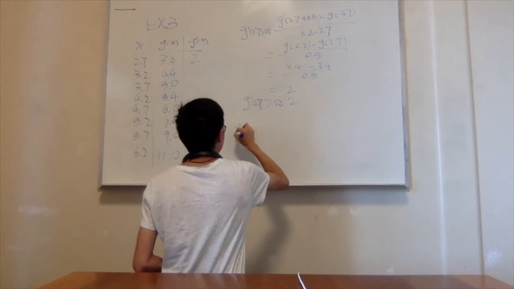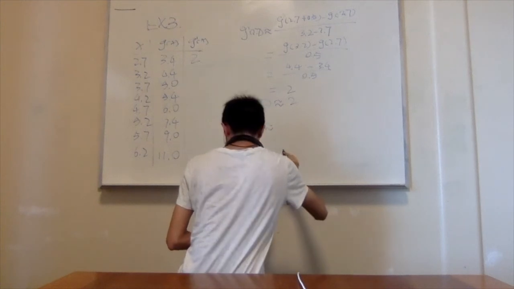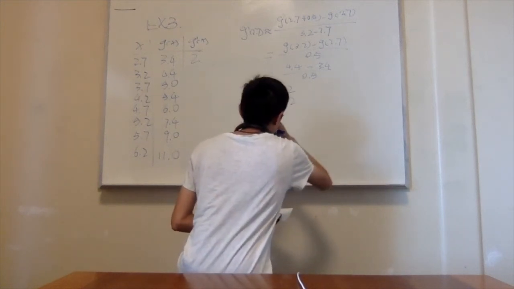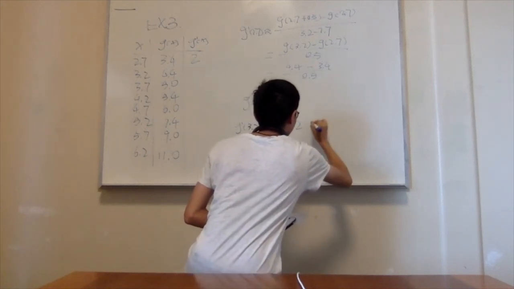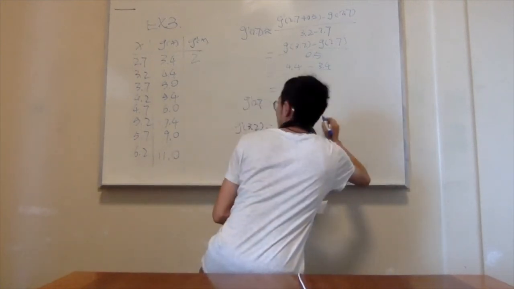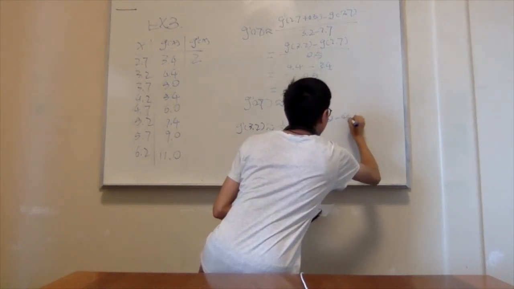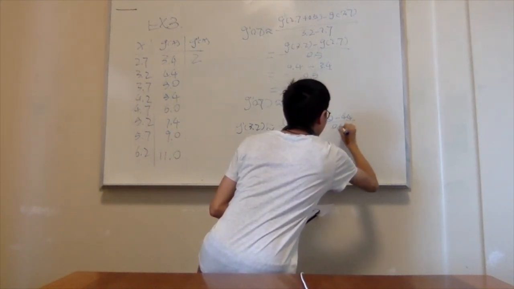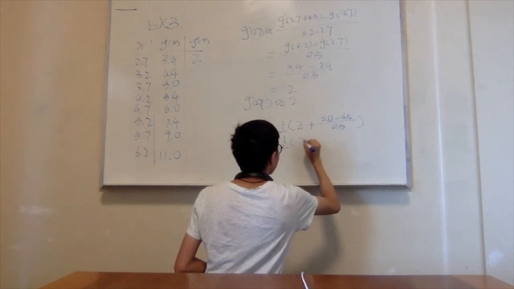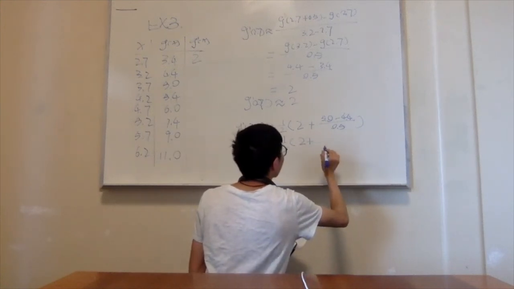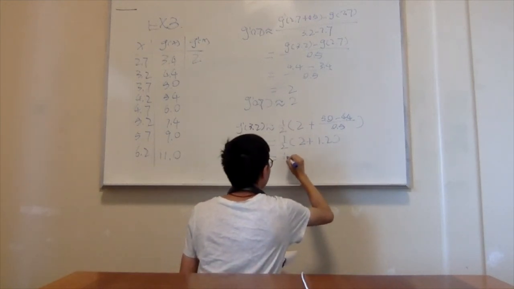So g prime of 3.2 is estimated as the slope to the left plus the slope to the right, so 5.0 minus 4.4 over 0.5, which is 1.2, plus 2, equal to 1.6.